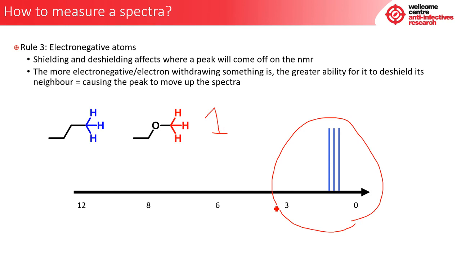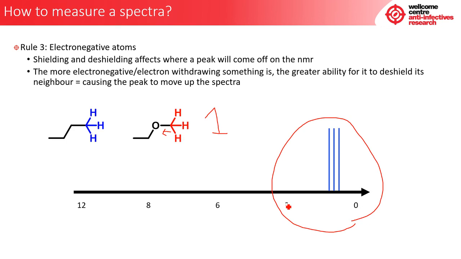However, now the NMR can tell the difference between this one connected to CH2 and this one now connected to an oxygen. So an oxygen is electronegative. It is pulling on the electrons from this bond. It's stealing what doesn't belong to it. And in doing so, it's starting to deshield these hydrogen atoms here. In doing so, would it be closer to 0 or would it be closer to 3?